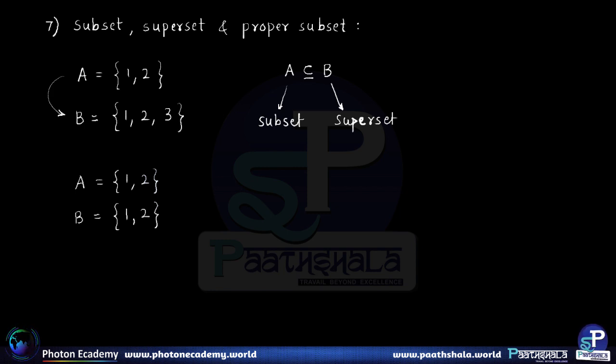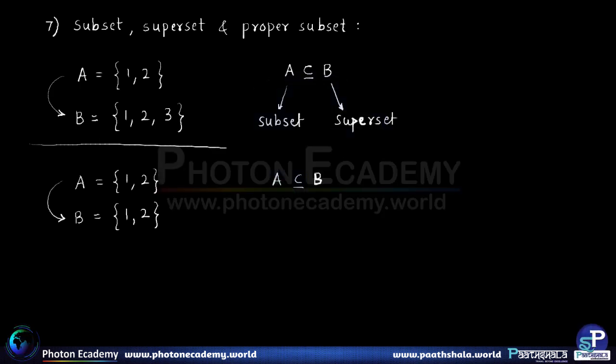We will find that yes, because all the elements of A are present in B also. So here A is a subset of B. But then what is the difference between the two examples, the one written above and the one written below? You will see that in the first example there is this element 3 which is extra in B as compared to A.